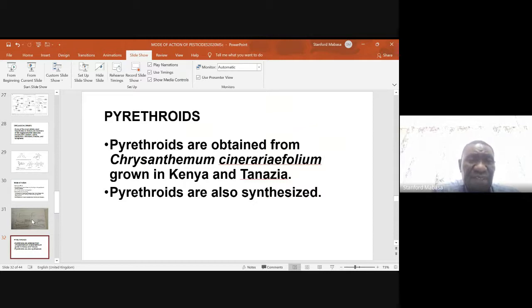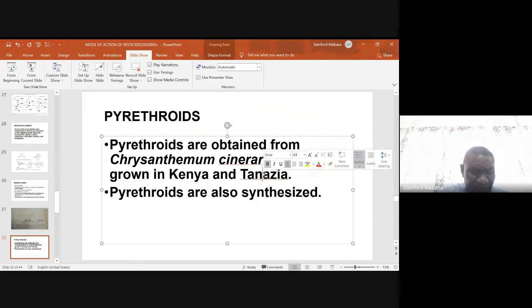We also have pyrethroids. These pyrethroids are obtained from Chrysanthemum cinerariifolium, which is a plant grown in Kenya and Tanzania.